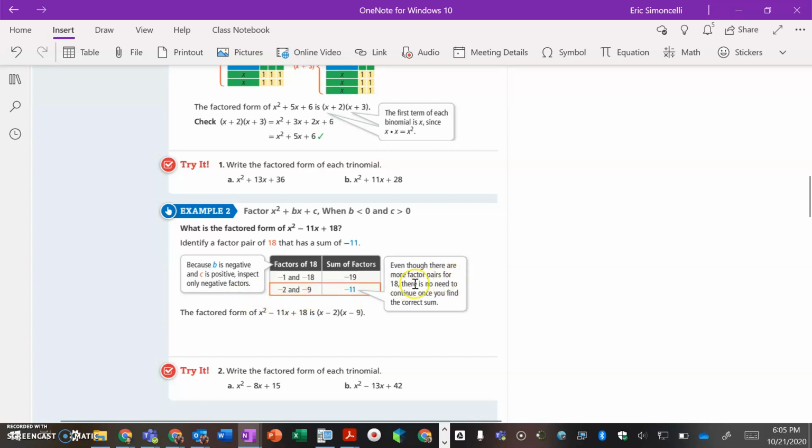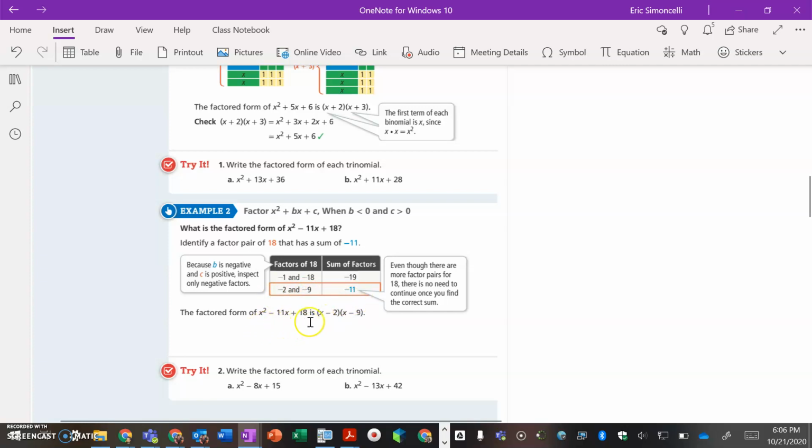Even though there are more factor pairs for 18, there is no need to continue once you find the correct sum. So as I said earlier, you're going to have to go through a litany of factors. What I didn't test, for example, is negative 6 and negative 3, right? Negative 6 times negative 3 is 18, but of course they don't add to negative 11. So they didn't even write that as an option, because once they landed on the two values that they knew were going to work, they stopped.